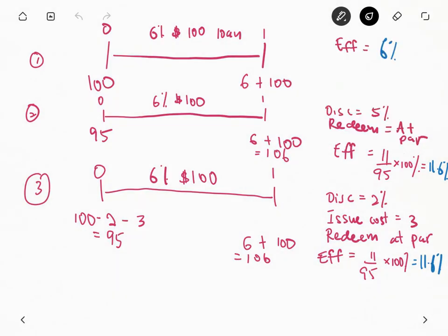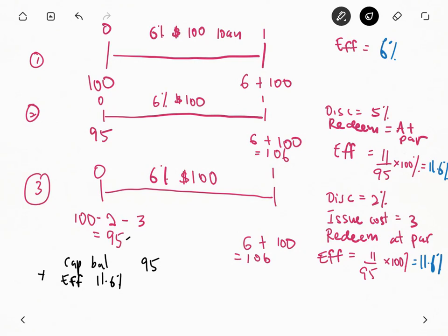How much is that? $17, minus what? Interest paid. Interest paid is based on nominal rate, $6. So how much do I have now? 94 plus 17 is 111 minus 5 is 105.